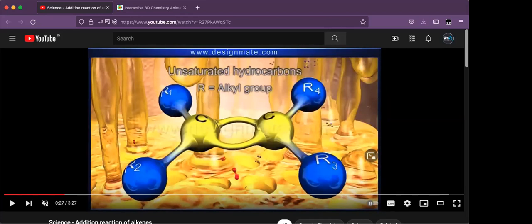The saturated ones are more like natural gas, oils, vegetable oils, and things like that, right? So oily stuff, yellowish stuff. At the molecular level, you see that there is a double bond over here.